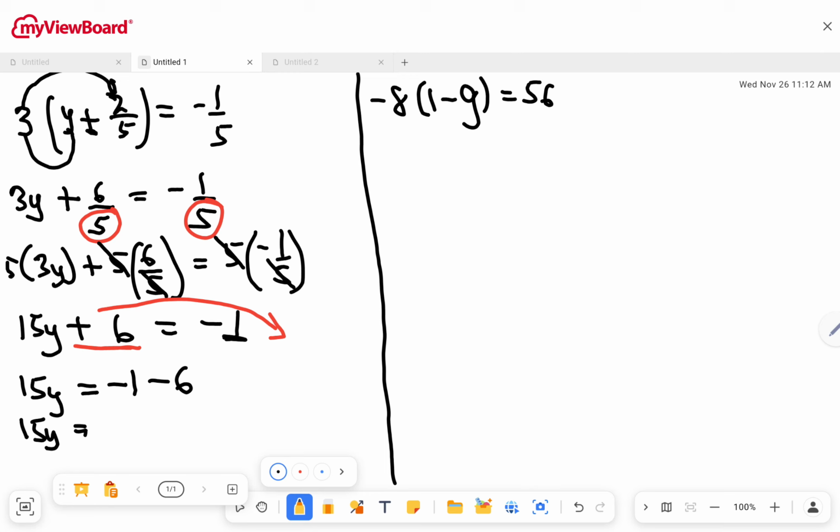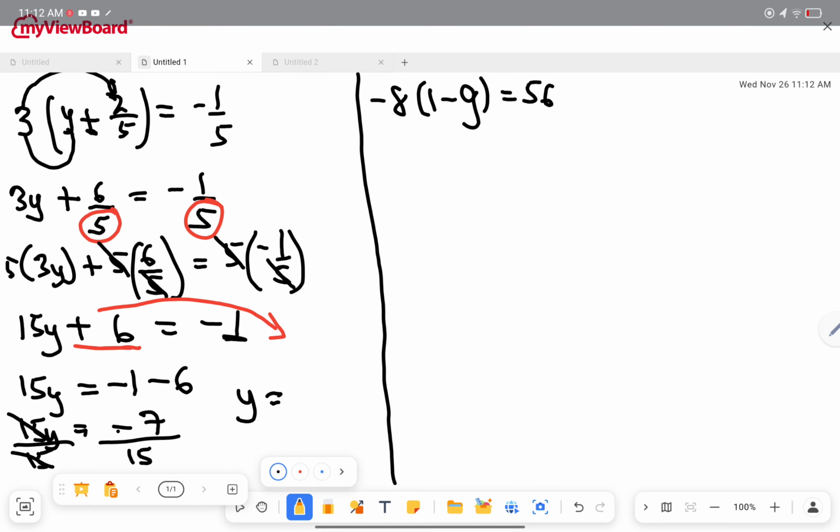So we have 15y is equals to negative 7. Now, since we are looking for y, we must divide both sides by the coefficient of y, which is 15. So we have here 15. Then we also have here 15. So it means our y is going to be, first let's divide 15 by 15 to get 1.